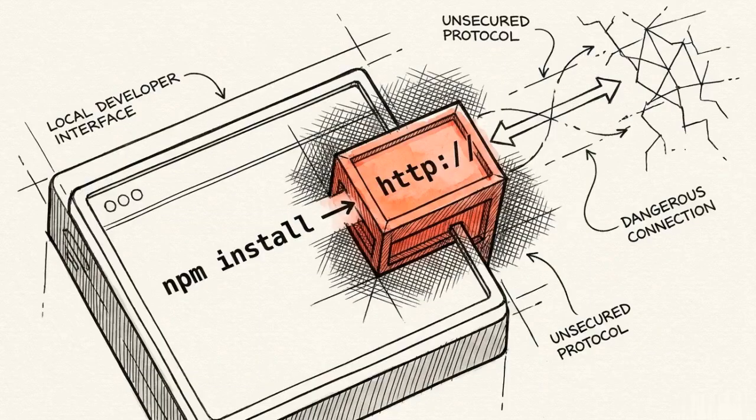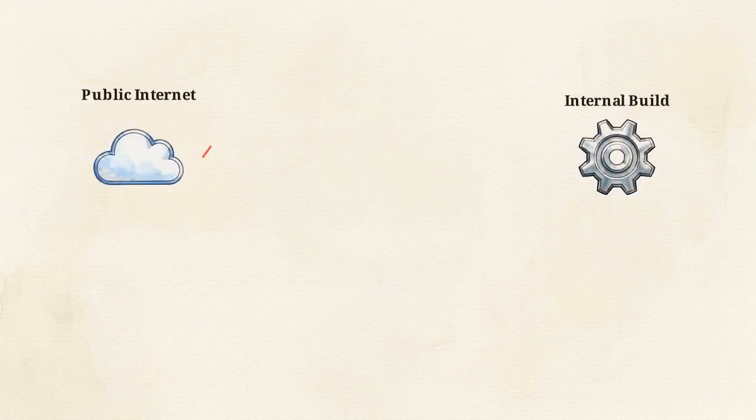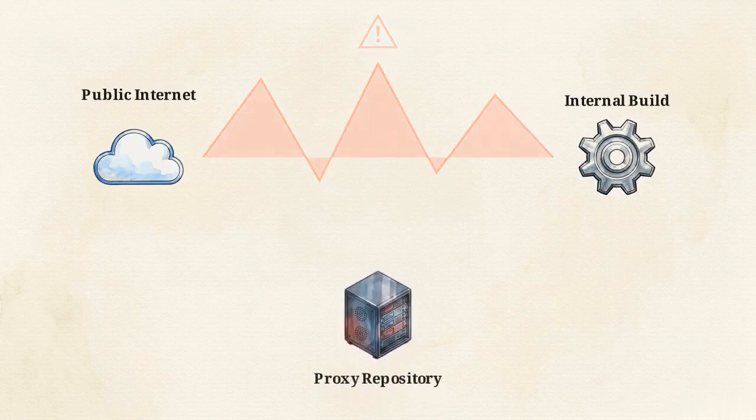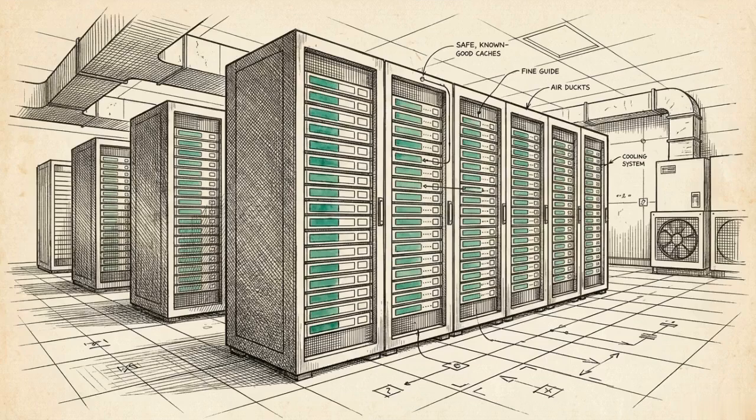Even with digital signatures in place, allowing development environments to pull packages directly from open internet package managers exposes the organization to unnecessary risk. This routing diagram compares a highly vulnerable direct connection to the public internet against a secure, isolated route passing through an internal, vetted proxy repository. High-risk environments utilize tools like Harbor to host and manage these secure proxy repositories, turning them into isolated, known good caches for the engineering team.